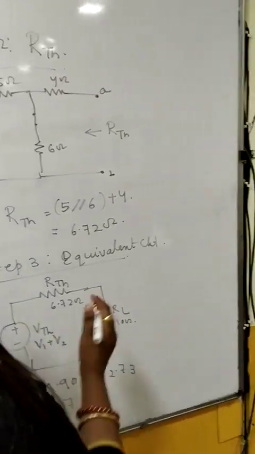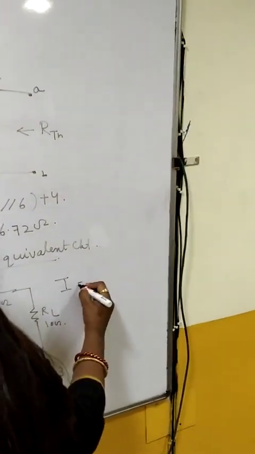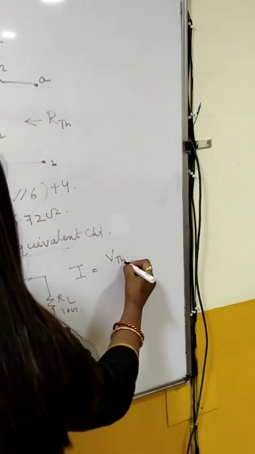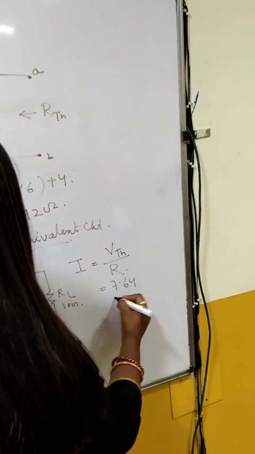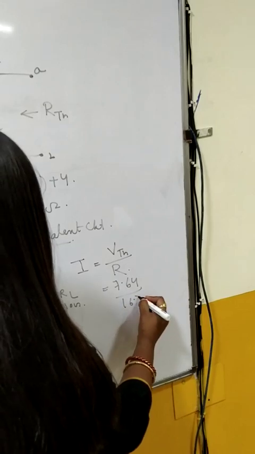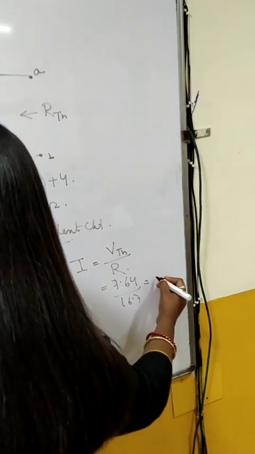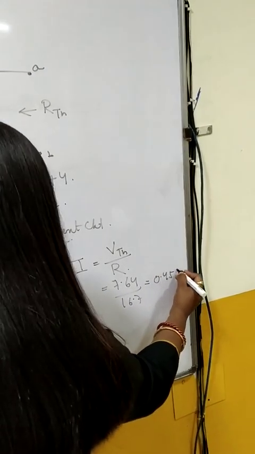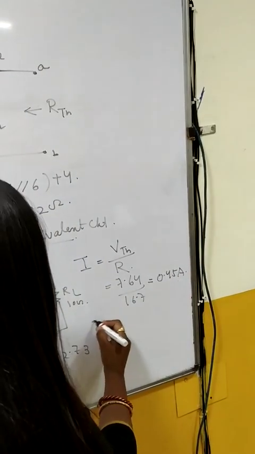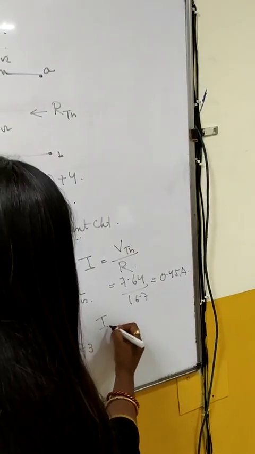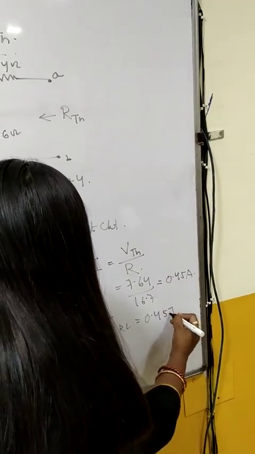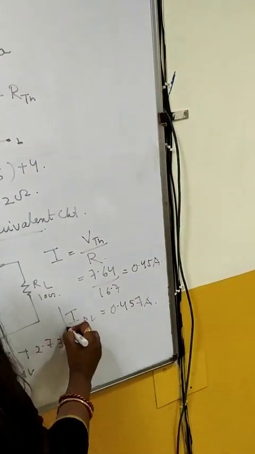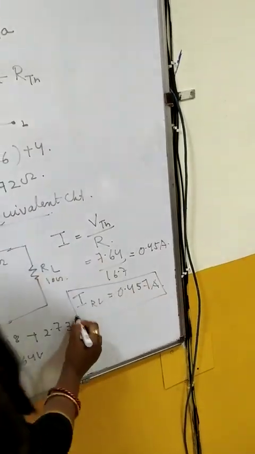Now I need to find out the current, so the total current will be V Thevenin by total R, that is 7.64 by 16.7, which is equivalent to 0.45 ampere. The same current flows across RL, which is equal to 0.457 ampere. Thus by Thevenin's theorem we have found out the current through the load resistance.